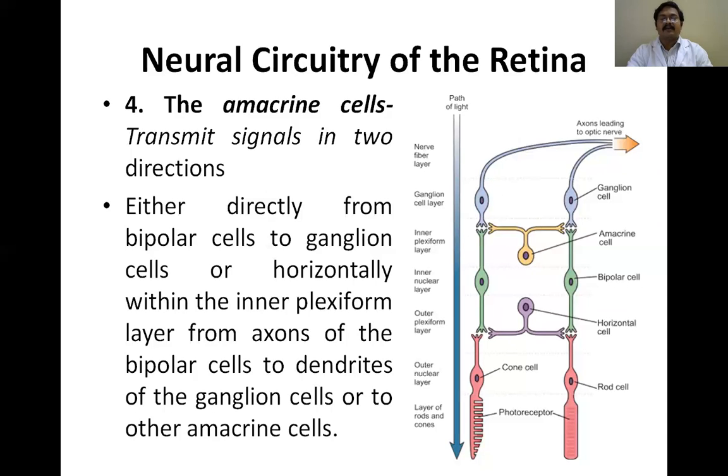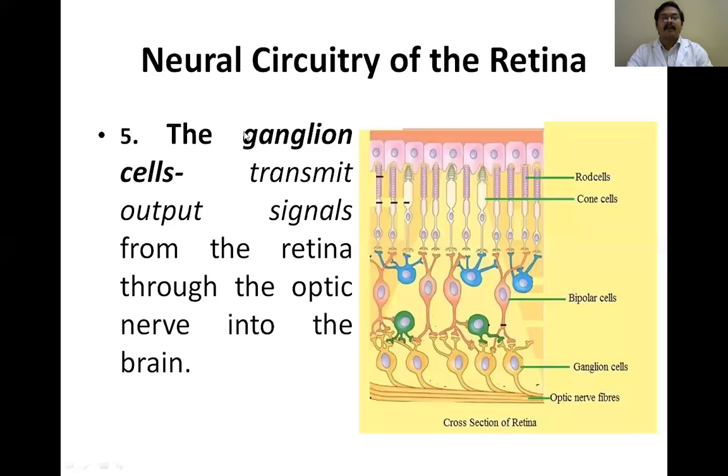They transmit the signals within the inner plexiform layer, with the bipolar cells and dendrites of the ganglion cells, or to the other amacrine cells. The ganglion cells are the important cells. They transmit the signals from the retina through the optic nerve to the brain.